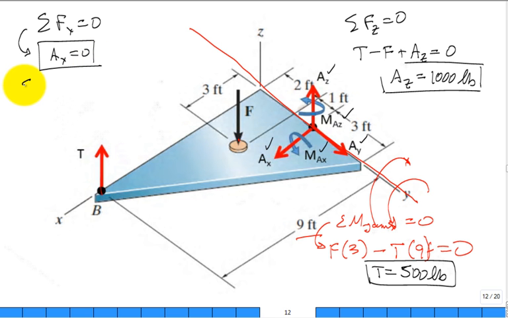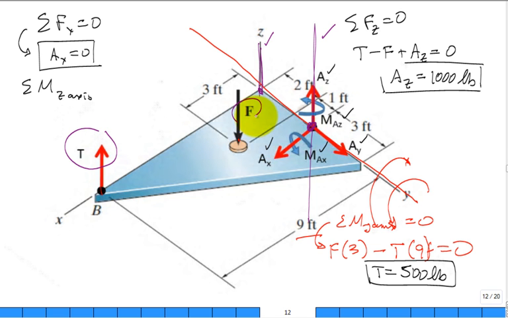So we're going to do the sum of the moments around the z-axis. All right. Now let's be clear. You can do the sum of the moments around the z-axis that goes through the origin, or you could do the sum of the moments about the z-axis that goes through point A. Okay. Now, both of those axes through the origin or through point A, this will contribute no moment because it's aligned with both.